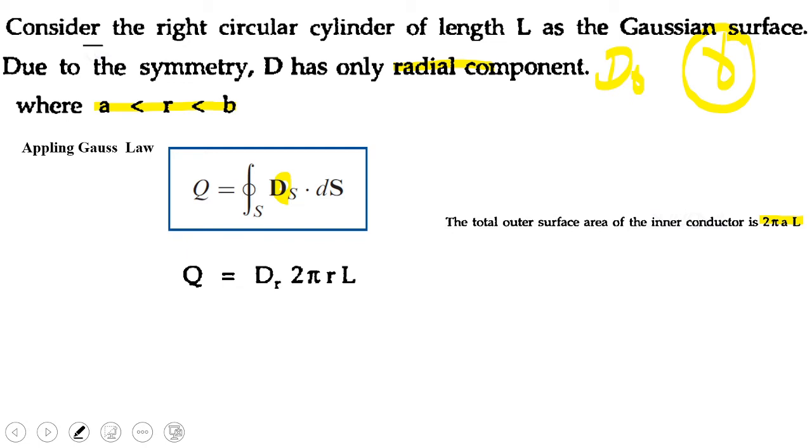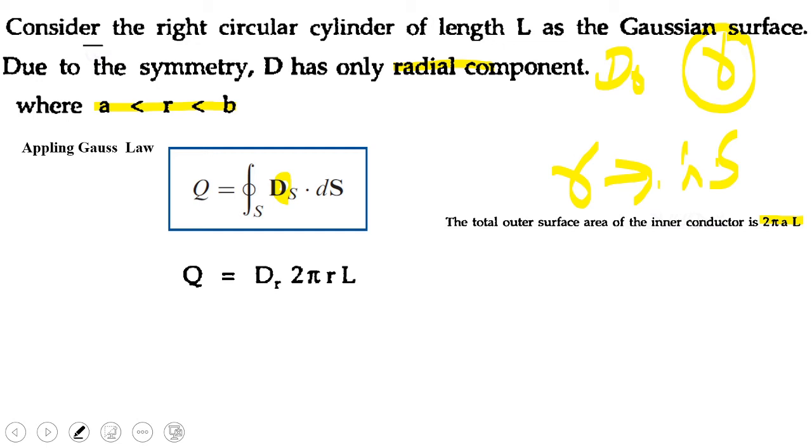So it has only the radial component, and the surface integral is over the area. Now we are taking a Gaussian cylinder of radius r, so its surface area will be 2 pi r L, that will be the full circumference, or the outer surface area of our Gaussian cylinder. So Q is equal to D_r into 2 pi r L.